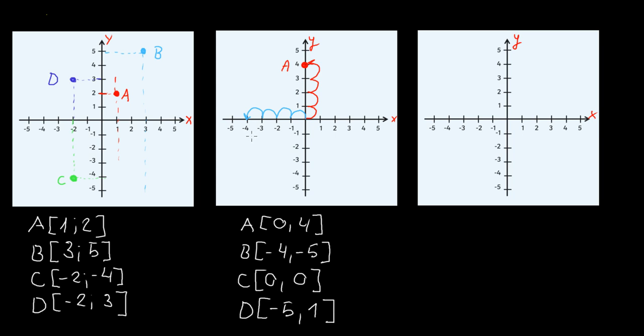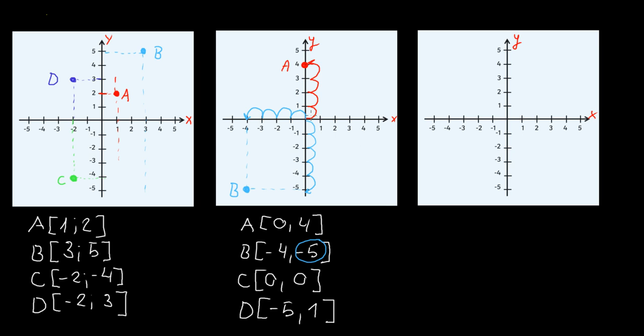And now we have to move downwards because of the -5 right here. We have to move downwards by 5 steps. 1, 2, 3, 4, 5. Essentially it is the same thing as drawing dotted lines, but understanding it in terms of steps. So this is B.